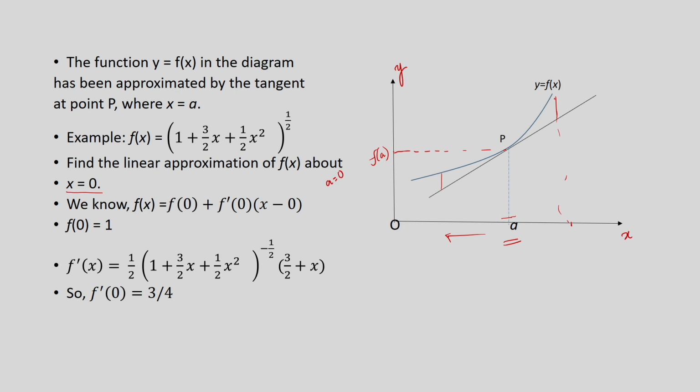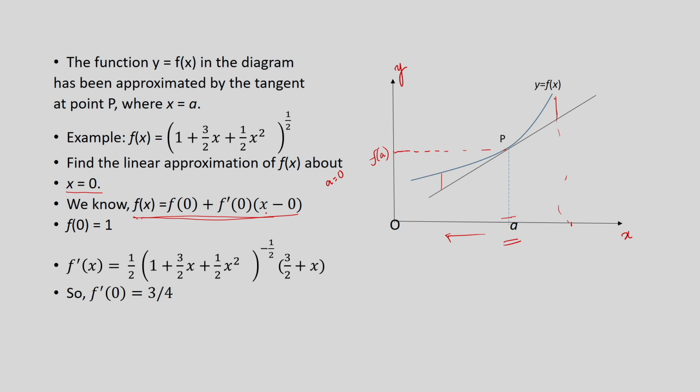Now, to do that, what we have to use is this particular form, f x is equal to f of 0, because a is equal to 0, plus f dash of 0 multiplied by x minus a, that is x minus 0. So, this is the form we have to use.